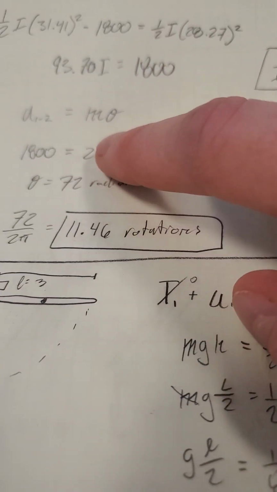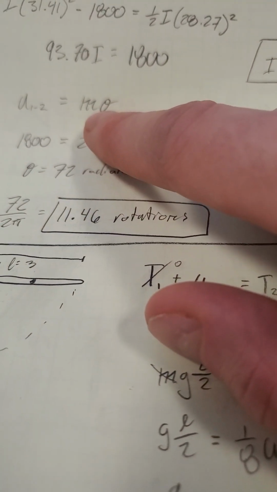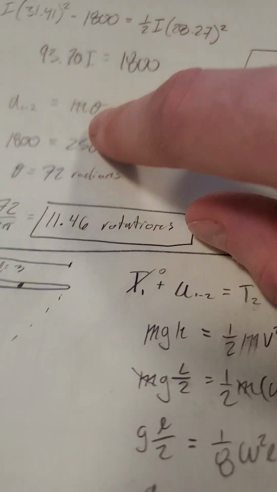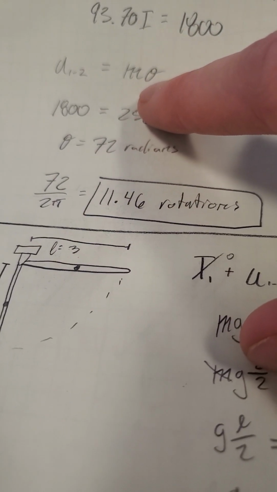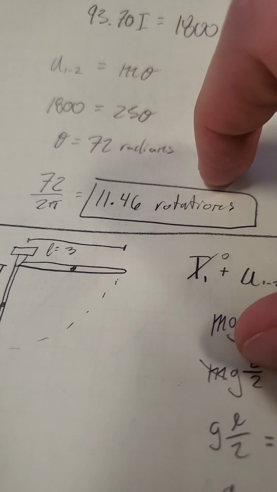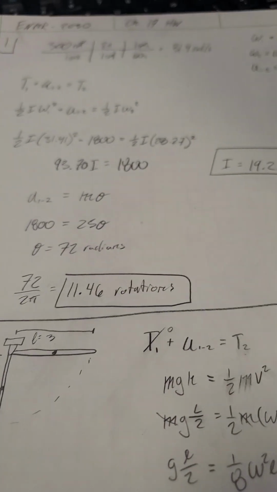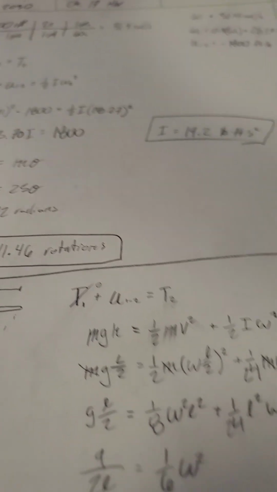And we know that the work done by a moment is just the moment times how far it rotates, theta. So part B gives you the moment, which is 25 in the question.